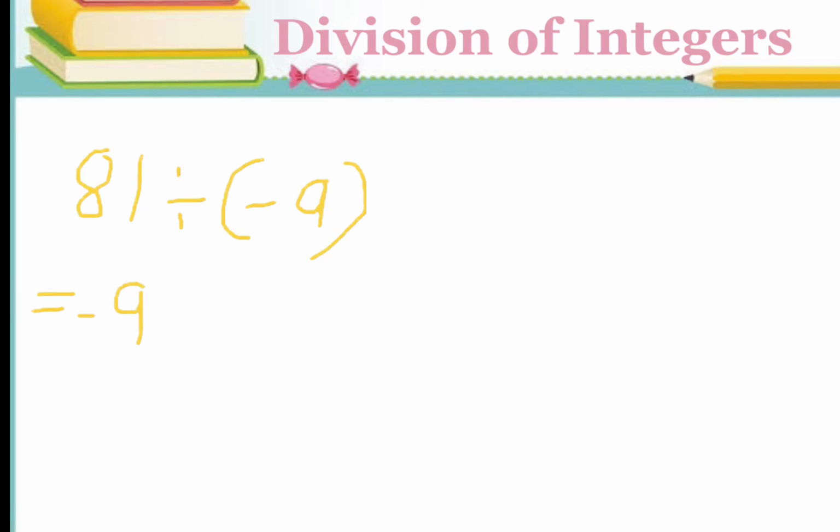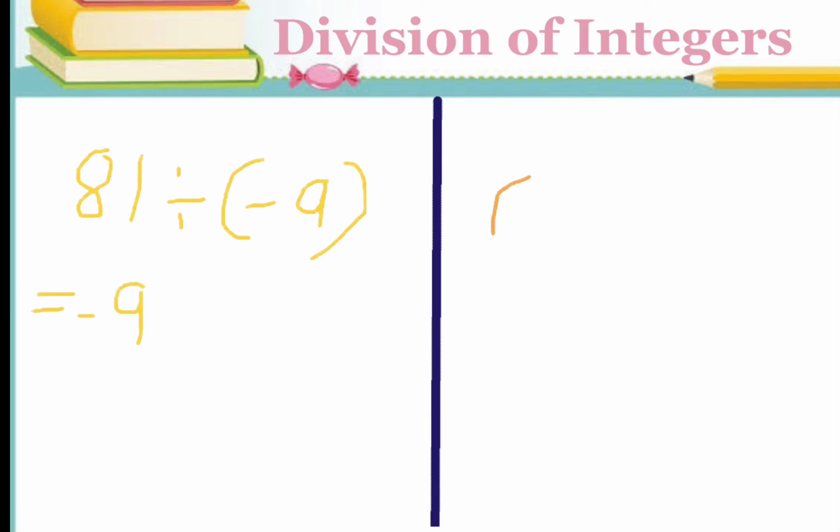As you can see here, the greater value is 81, which has a plus sign, positive sign. But why have we not kept 9 here instead of minus 9? Because here in division, we always see the signs. So if both the digits are having different signs, the answer will come in minus only. I hope this thing is clear to you.